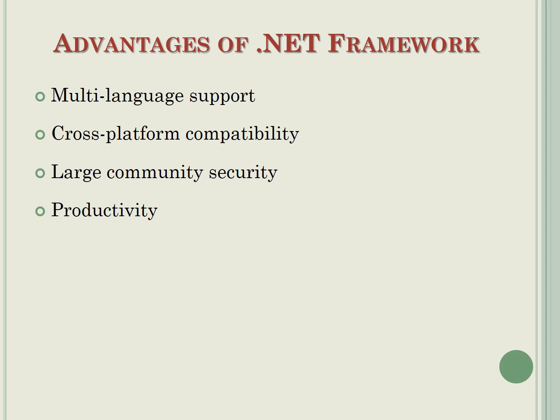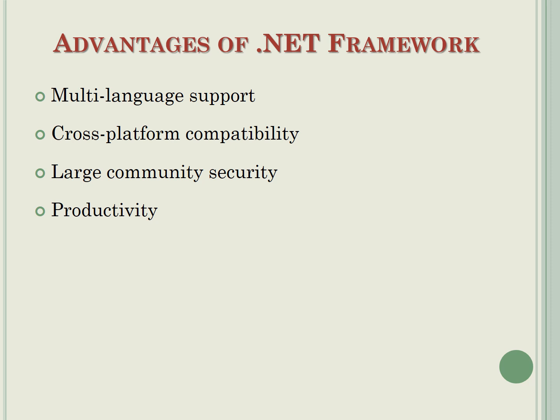The third one is large community. The .NET framework has a large and active community of developers who have created a wide range of resources, including libraries, tools, and documentation. Next comes security.